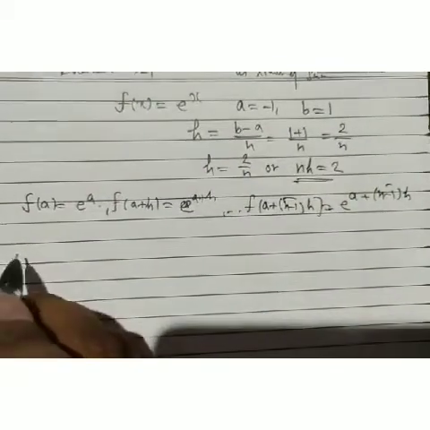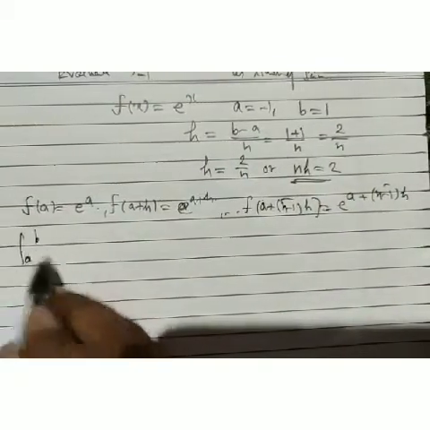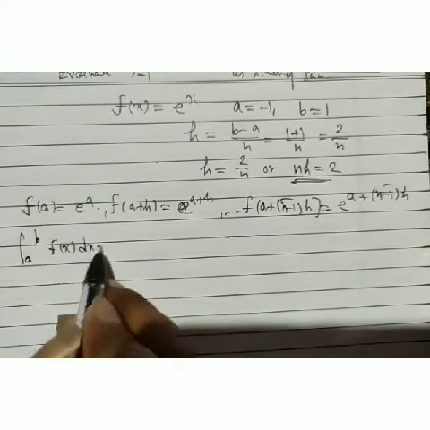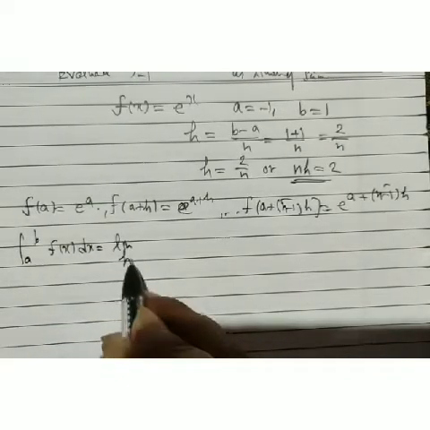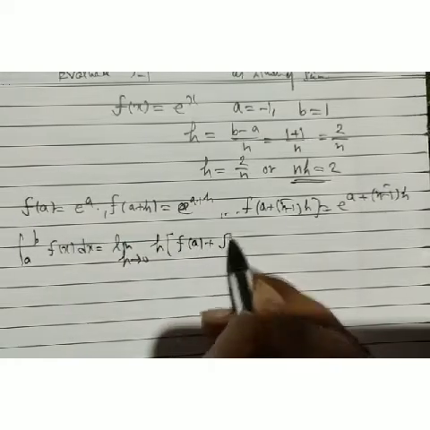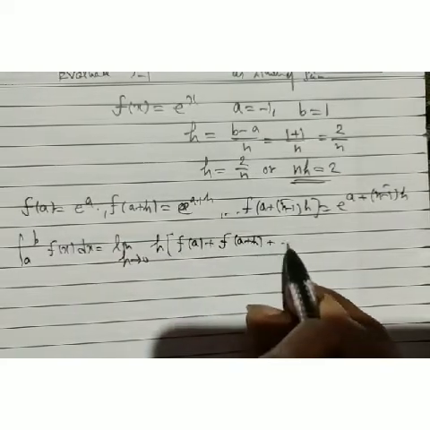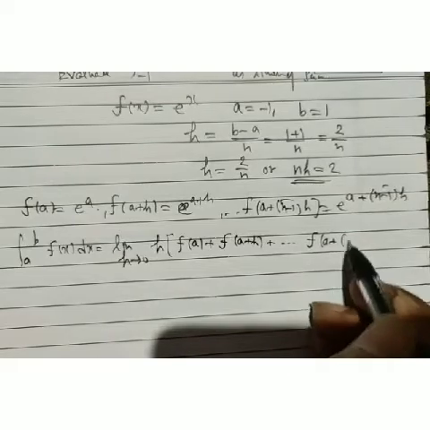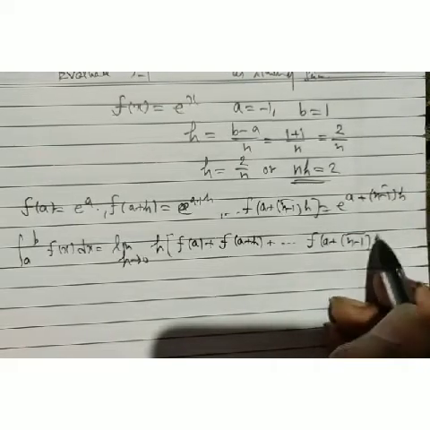Now using our limit as sum formula, the integral from a to b of f(x) dx is the limit as h tends to 0 of h times [f(a) plus f(a plus h) plus dot dot f(a plus (n minus 1)h)].